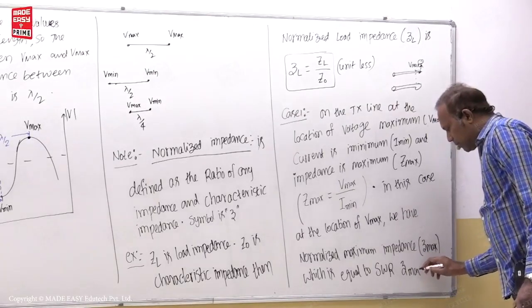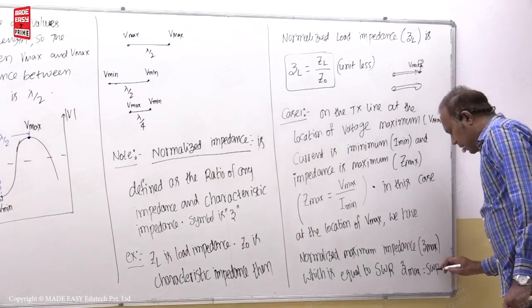So normalized maximum impedance is equal to standing wave ratio.